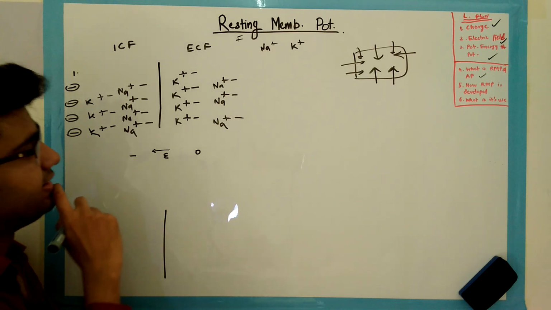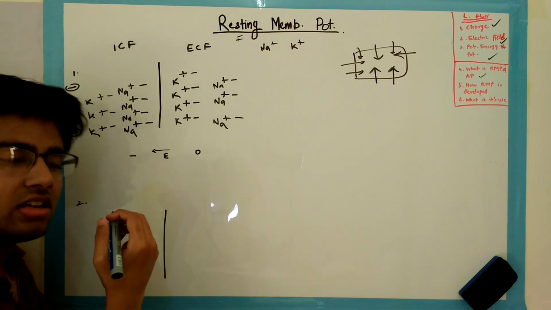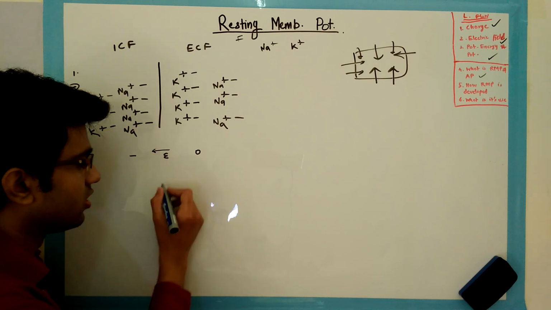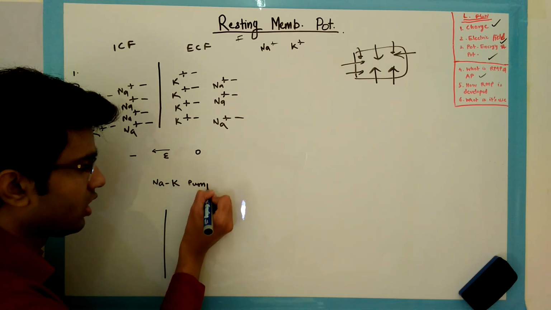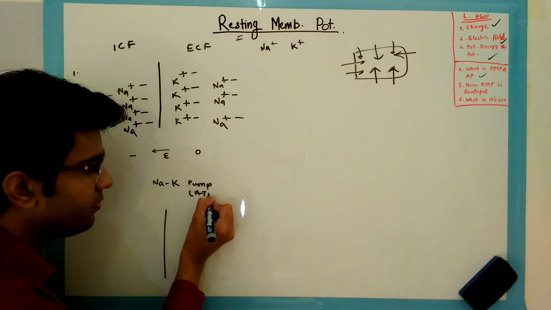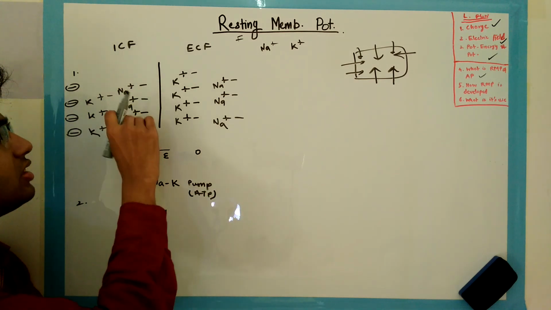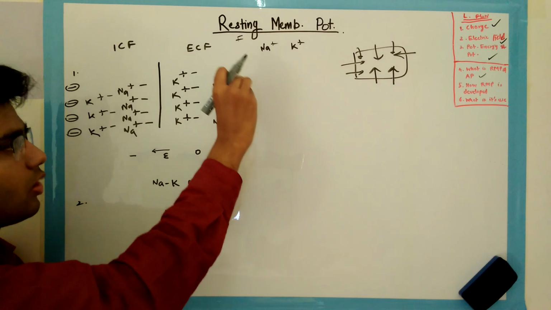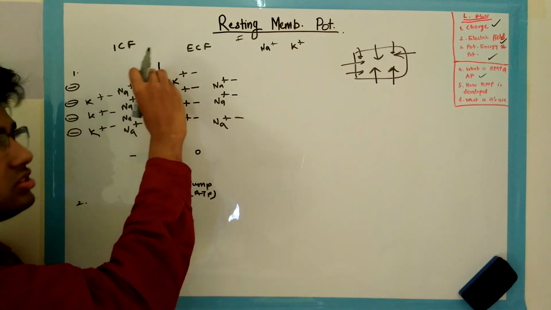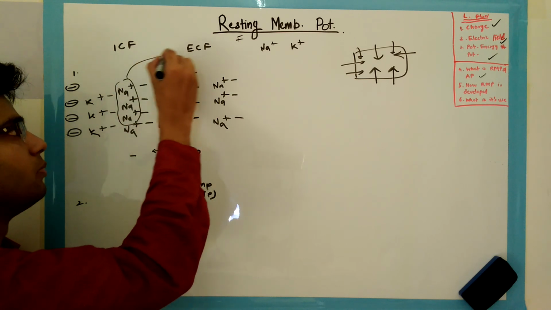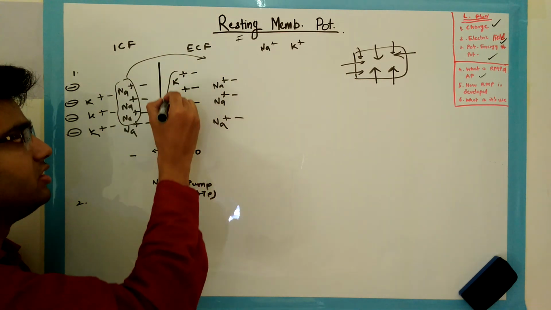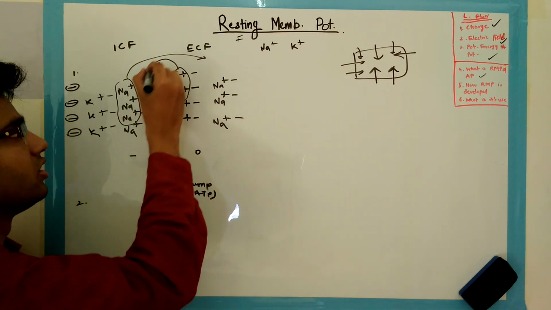Okay, the next thing that happens is, the cell has a pump which we call the sodium potassium pump. It uses ATP and pushes 3 Na ions outside and 2 K ions inside. So suppose these Na ions it will push outside and these 2 K ions inside.